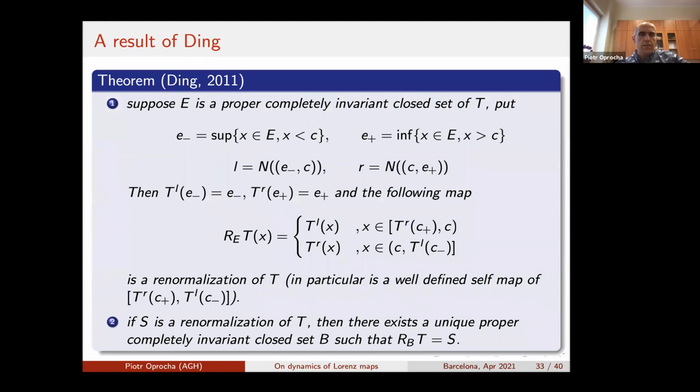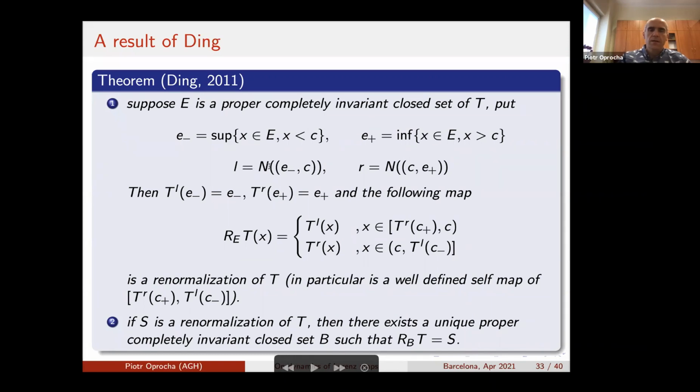The inspiration for looking at this set was this theorem by Ding, which is quite interesting. What this theorem says, in one direction, is that if you are able to find a completely invariant closed subset, and then you calculate these numbers, E minus, E plus, then take these intervals and check where they hit C. So this N tells you the first iteration that C is inside.